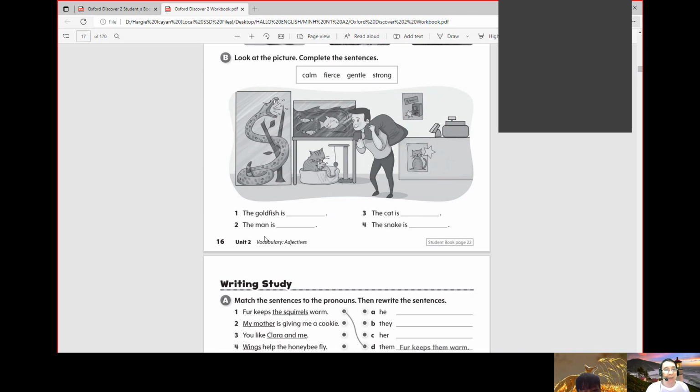Okay, very good. Number two. The man is strong. Very good. That's correct. Number three. The cat is gentle. Number four. The snake is fierce. Because look at this snake. Okay. Now moving on.